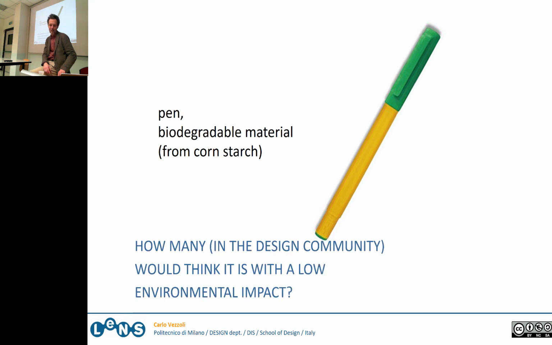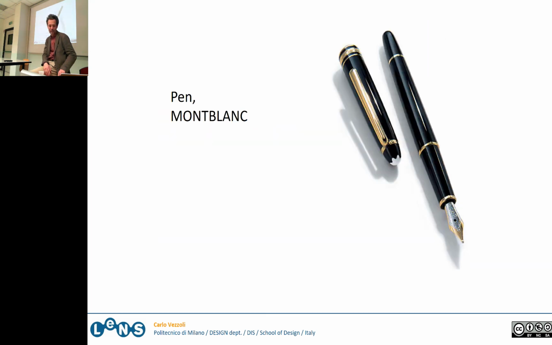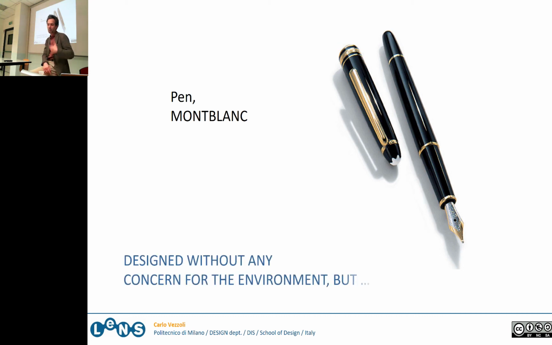And well, this has been designed to have a low environmental impact. Again, let me make another example. A Mont Blanc, a famous pen, very expensive. And this again has not been designed with any environmental concern, but if it were my father's or my grandfather's, I would take it, so it will last a very long time for sure.